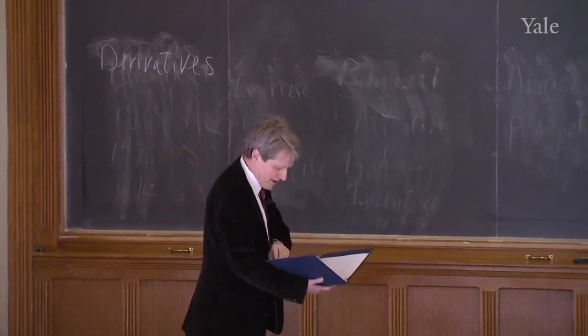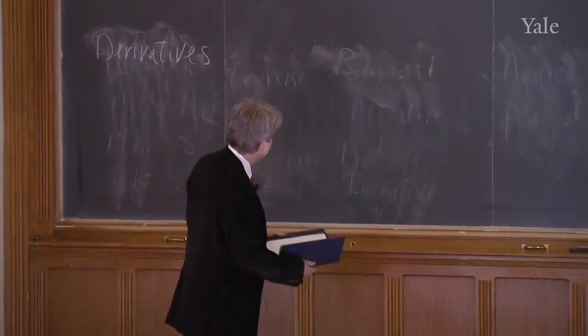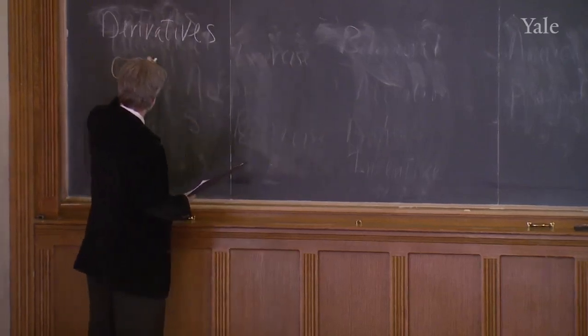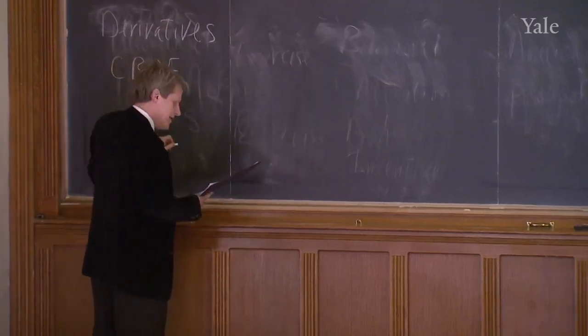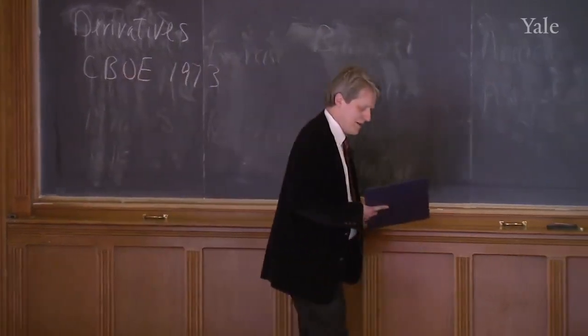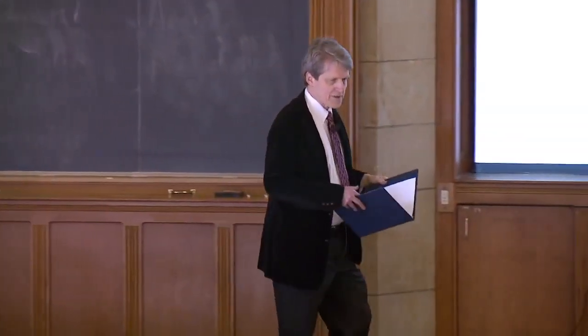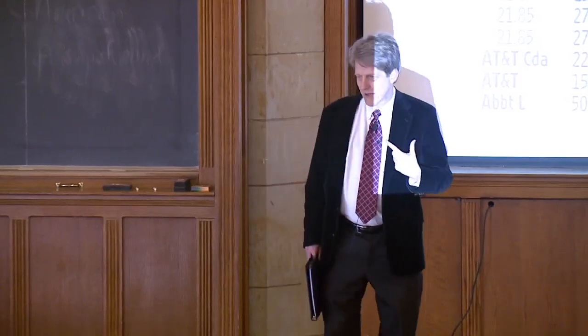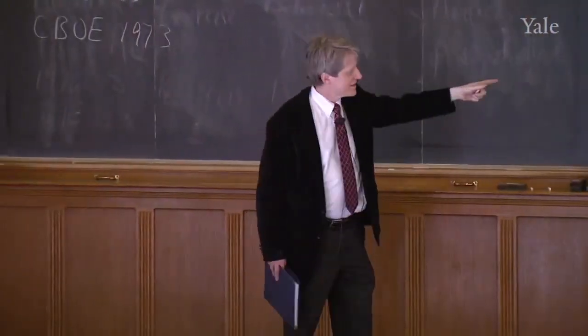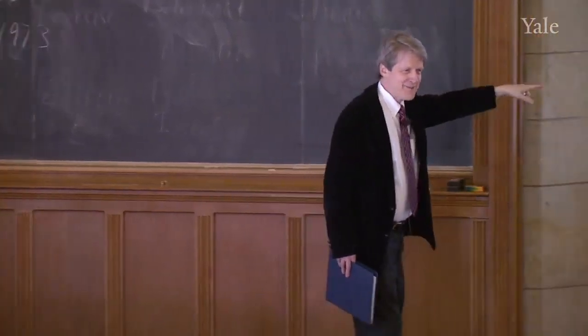The first options exchange was the Chicago Board Options Exchange, which came in 1973. Before that, options were traded, but they were traded through brokers, and they didn't have the same presence. You didn't see all of these options prices in newspapers.